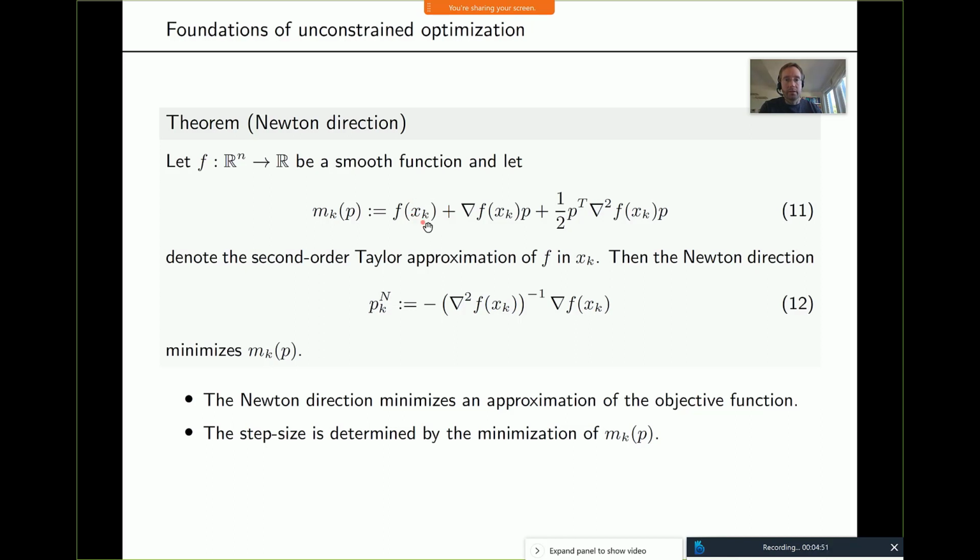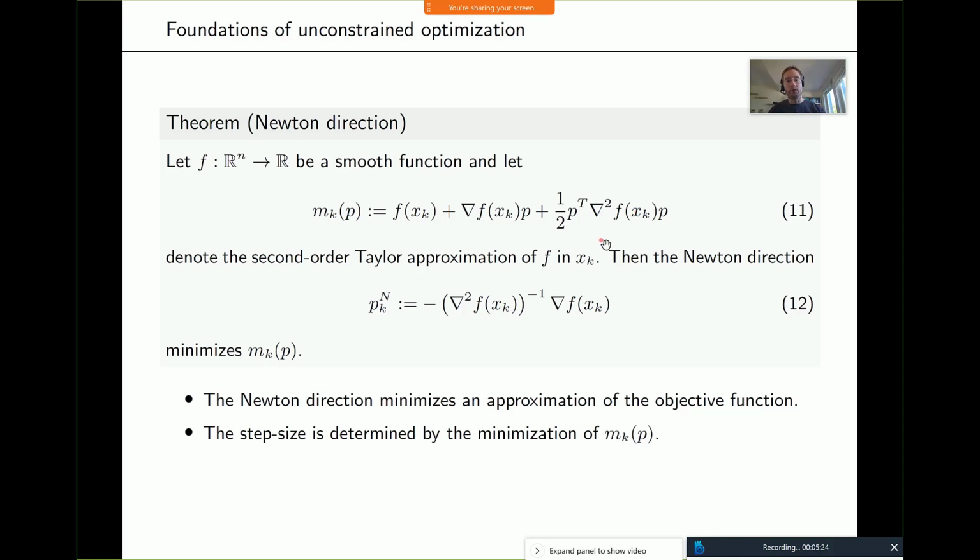So you evaluate the second order Taylor approximation at x_k: you take the value of f at location x_k, add to it the gradient evaluated at x_k times the point where you want to evaluate this model function, and you take the second order term, where you have the square of the point where you want to evaluate the function and the Hessian matrix at location x_k.